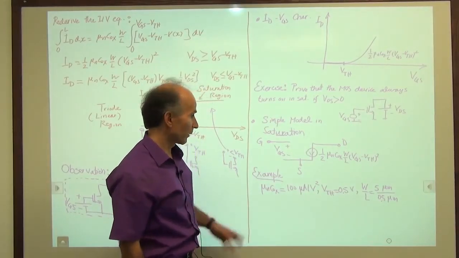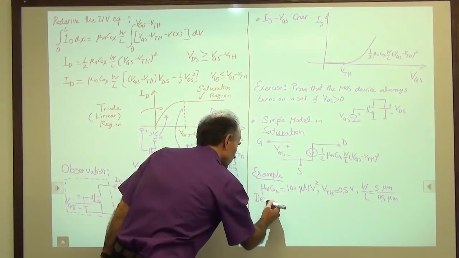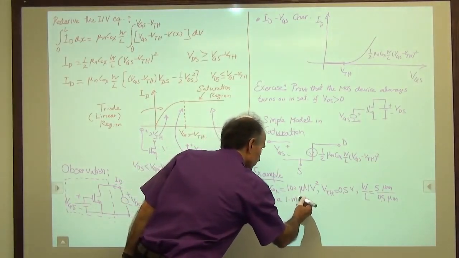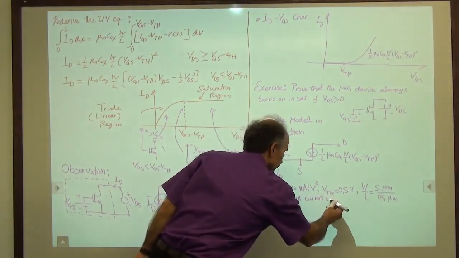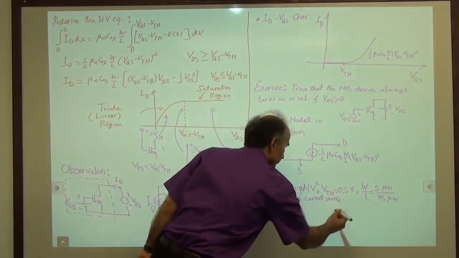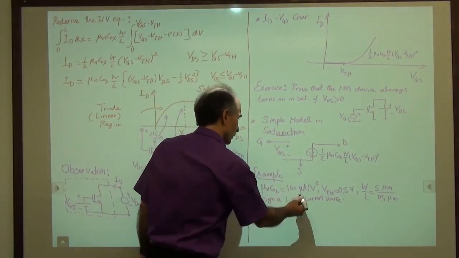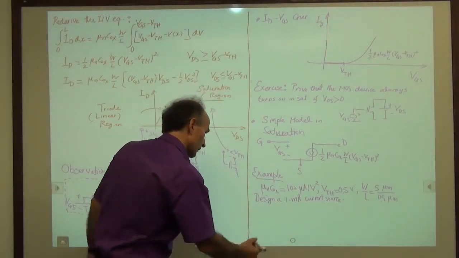Okay, now the objective of this example is to design a 1 milliamp current source. Well, we almost have everything actually. We just need one more number. So here's the situation.